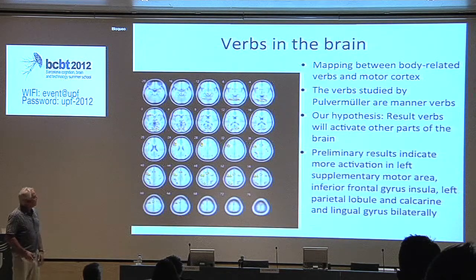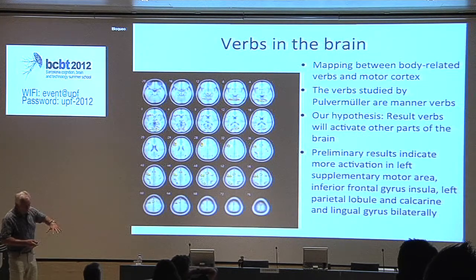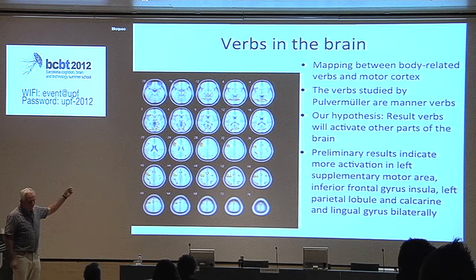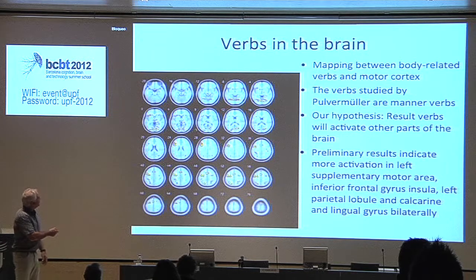We have the data. This is the basic distinction between the manner verbs and the result verbs. The yellow parts are what's activated by the result verbs that are not activated to the same extent by manner verbs. And you see there is a bit more of a posterior thing here.